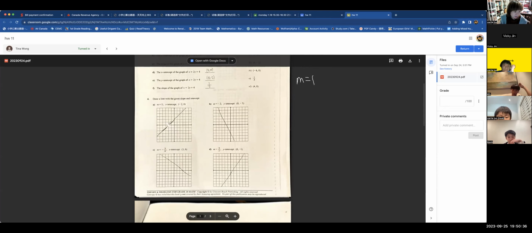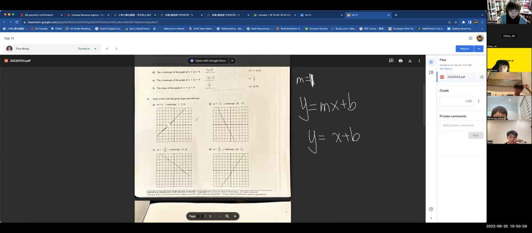With m equals 1, all lines can be written as y equals mx plus b, no matter what kind of line it is. So with m equals 1, the equation is y equals x plus b. Do you understand? How do we find b?